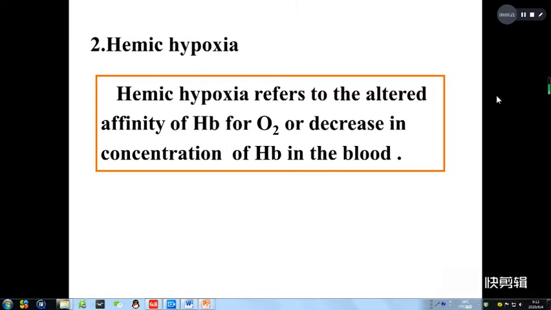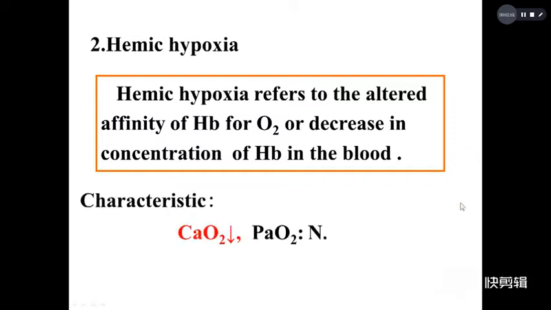So during chemic hypoxia, maybe the affinity of hemoglobin for oxygen increases, so oxyhemoglobin liberates oxygen with difficulty, so oxygen moving into the tissue cell decreases. The other, concentration of hemoglobin decreases, so carried oxygen decreases, supply of oxygen decreases, and hypoxia happens. This hypoxia is called chemic hypoxia.